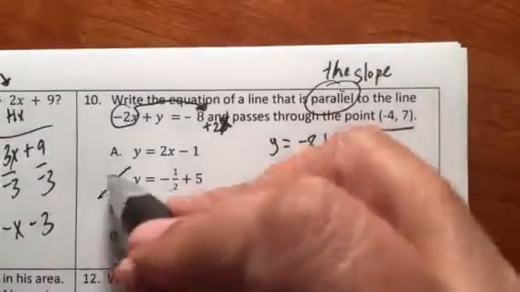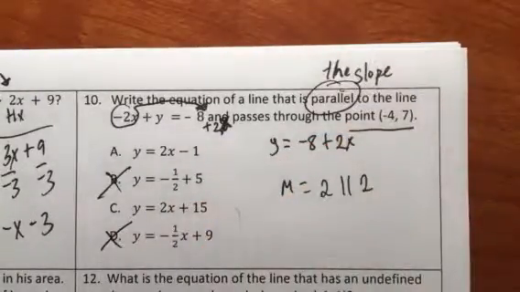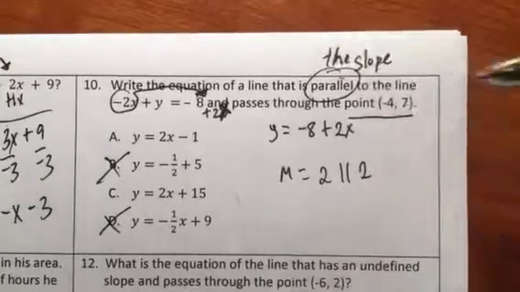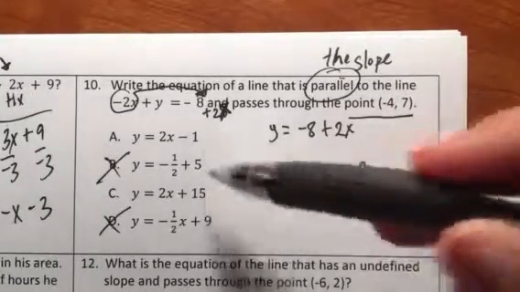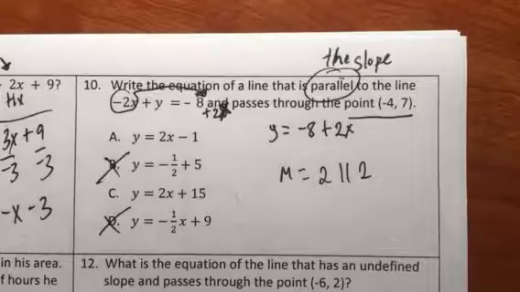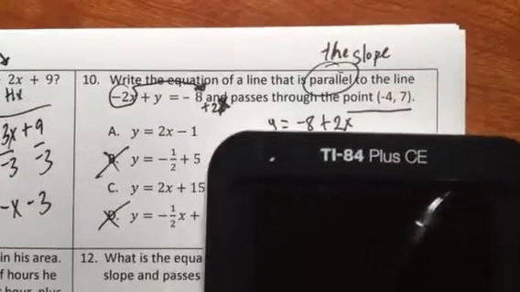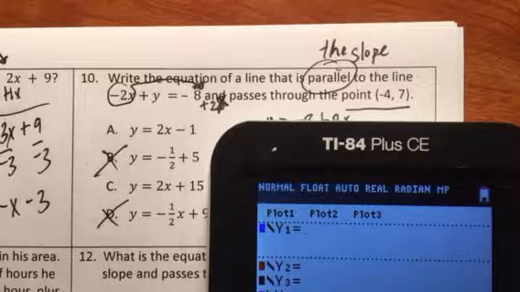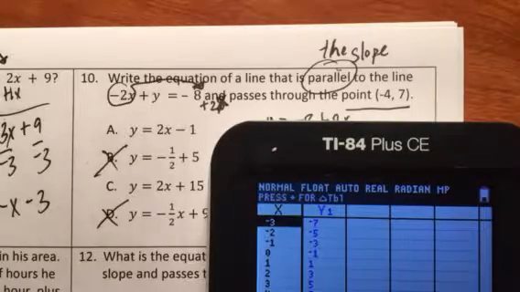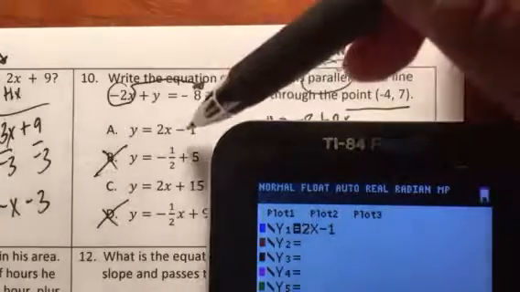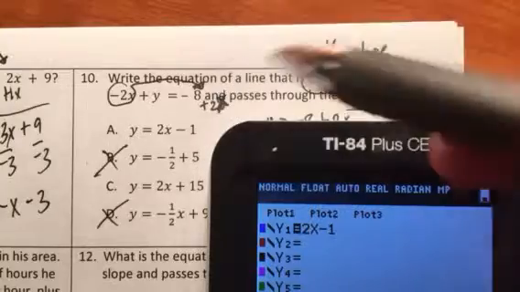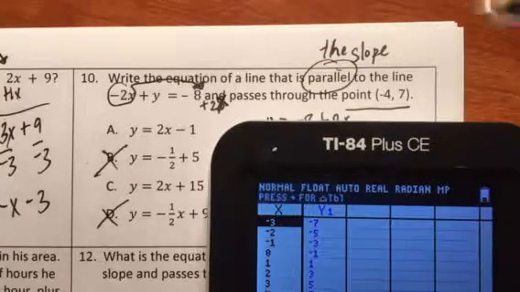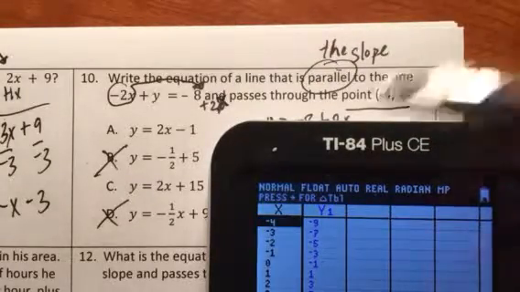So that means I can eliminate these 2 problems. Now, how do I figure out whether it's A or B? You could do it mathematically. Since it's already in slope-intercept form, I'm going to put both of these problems in the calculator and let the calculator do the calculations for me. So I went to y equals, I typed this into y1, went to graph, and I'm going to go to -4.